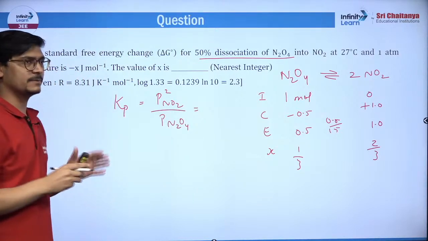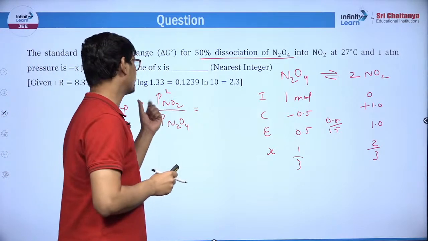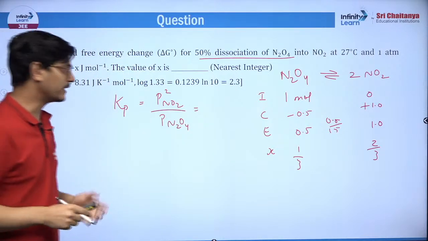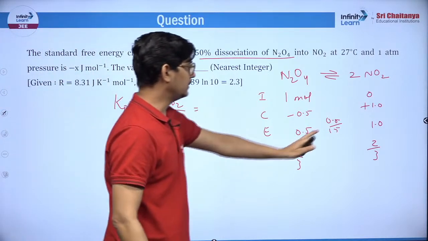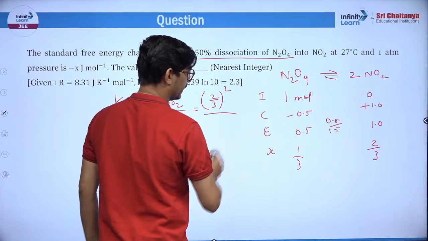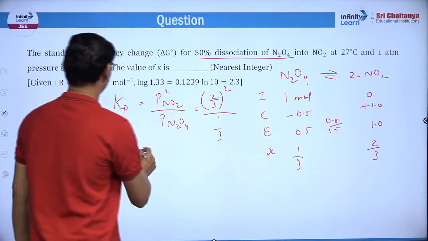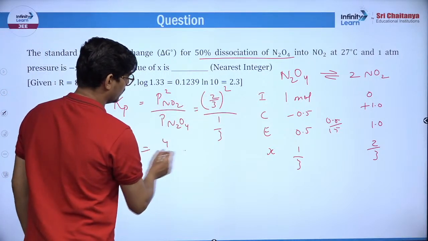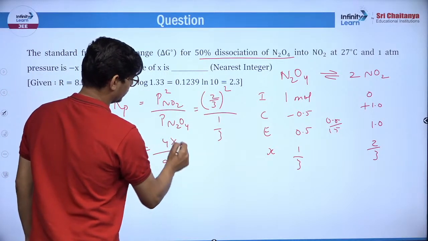As per Dalton's law, partial pressure is total pressure into mole fraction. Total pressure is 1 atm, you can forget that. Mole fraction will be 2 by 3 squared divided by 1 by 3. So kitna aa jayega guys? I think it will come out to be 1.33 because it is 4 by 9 into 1 by 3.